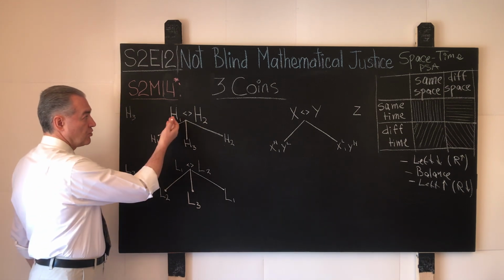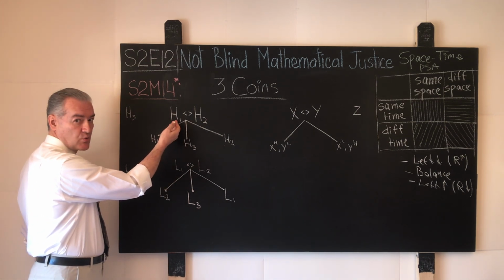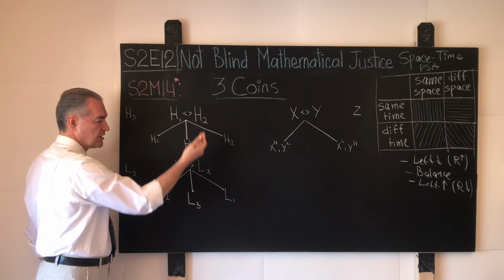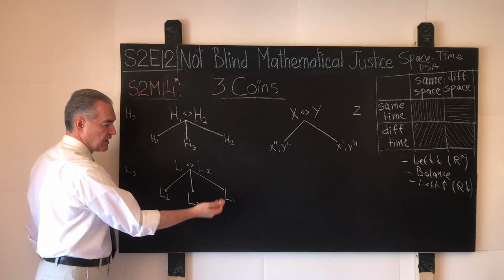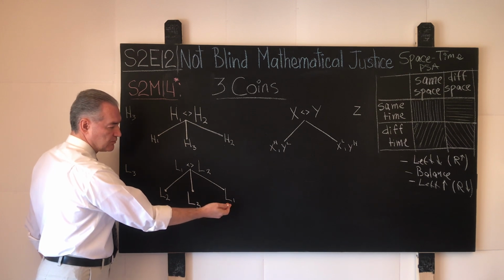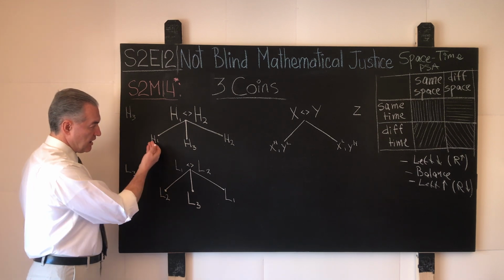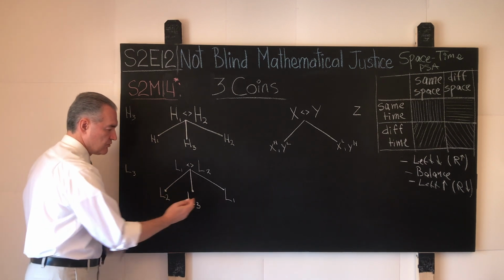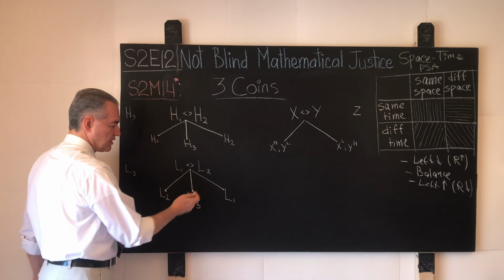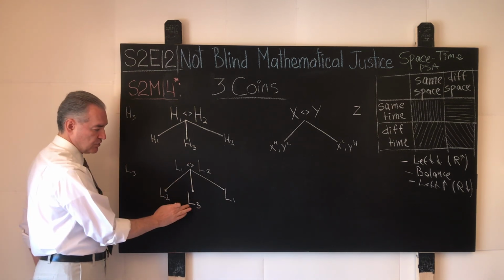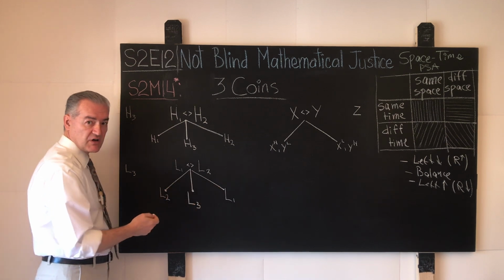That is, the coin named H1 becomes the coin named L1. The coin named H2 becomes the coin named L2. Here, the coin L1 becomes H1. Here, the coin named H1 becomes L1, and we need to swap these guys around. But the coin that was named H3 now becomes the coin L3, and voila, we have our solution.